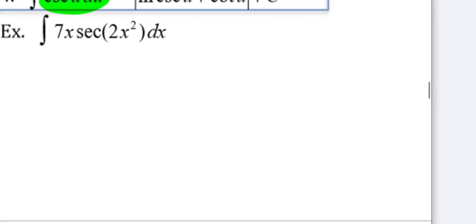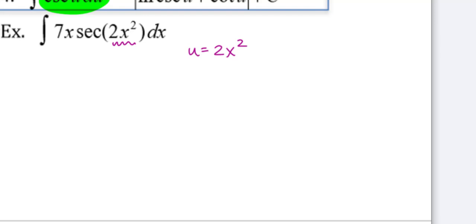Okay, so I think I proved the antiderivative of secant to you, but let's just see if this is in fact a secant antiderivative or integrand, because again, once you do u substitution, sometimes things change. So let's let this 2x squared be our u at first.